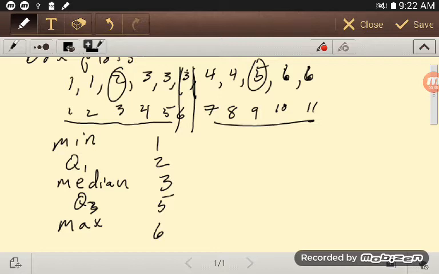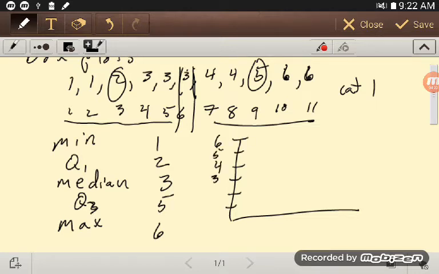So I tend to make mine vertically. For this, I got these data from some category 1 thing. So I make my box plot here, 1, 2, 3, 4, 5, 6.